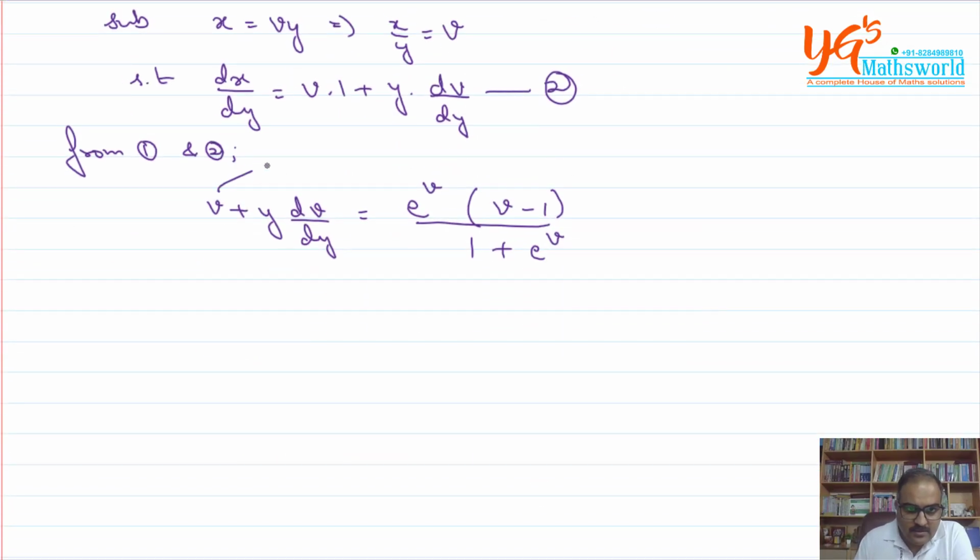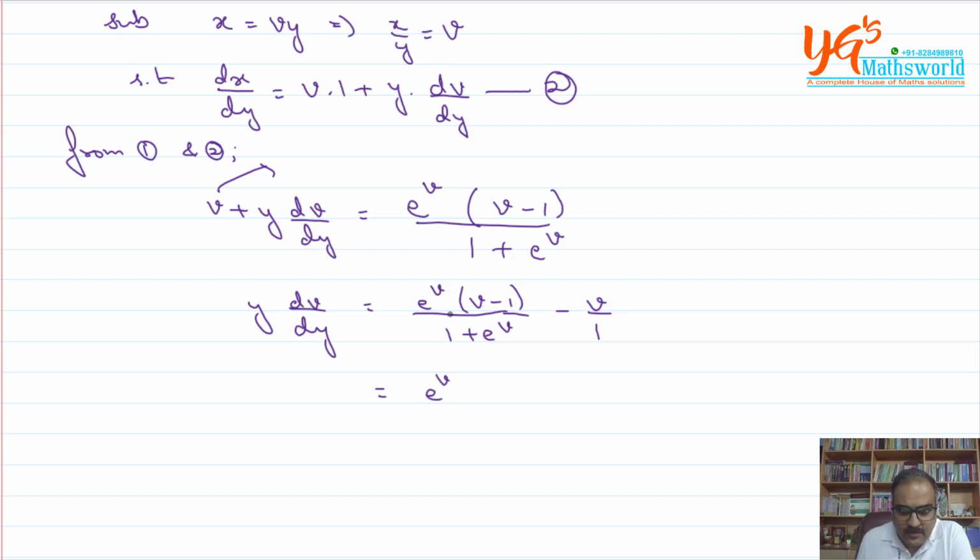Now I'll take this term on the other side, so it will be y dv by dy is equal to e raised to power v minus 1 over 1 plus e raised to power v minus v by 1. I am taking LCM and now expanding the brackets: e raised to v minus 1 minus v minus v e raised to power v divided by 1 plus e raised to power v.